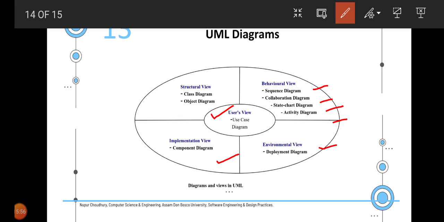The implementation view represents the component diagram, where each component will be implemented and checked and rechecked for further changes until it can be converted into a program. The structural view represents the class diagram and object diagram, where the structure does not change, but we can go on scaling up or scaling down the structure. So this is the UML diagram representation, and we will be looking at each of the diagrams in detail.